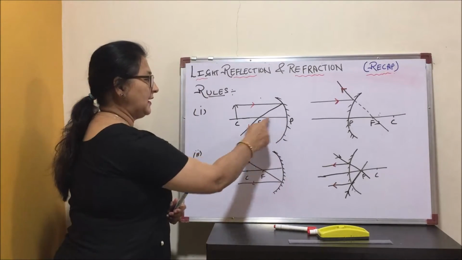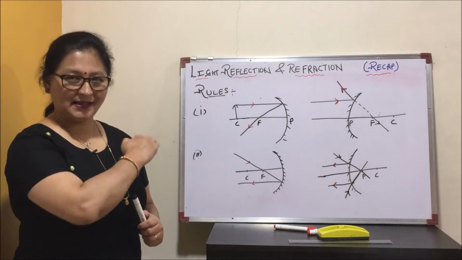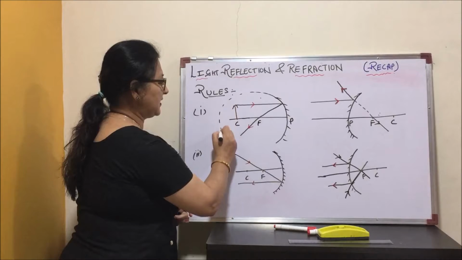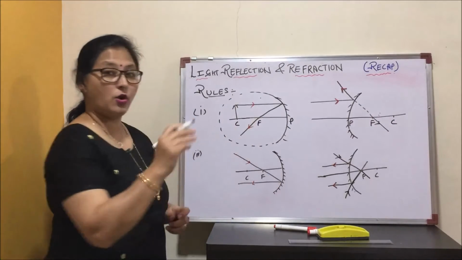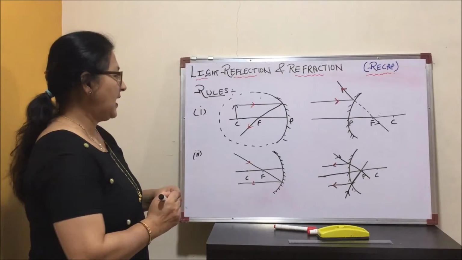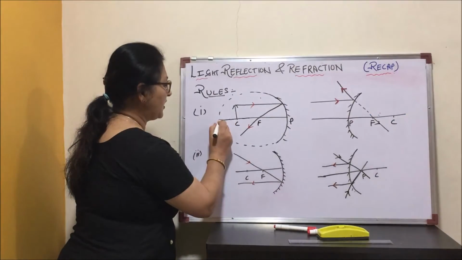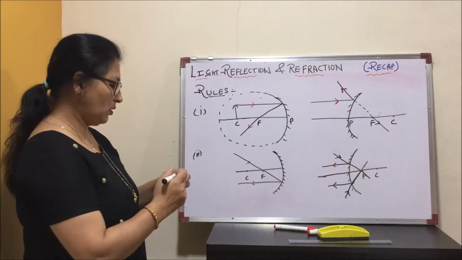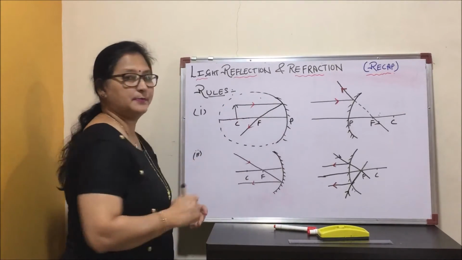Now this line which is passing through the center of the circle, let's take that this is a sphere, right? All the spherical mirrors are a part of a hollow sphere, we know that. This line is just like a diameter of a circle, and that whole line is known as the principal axis.